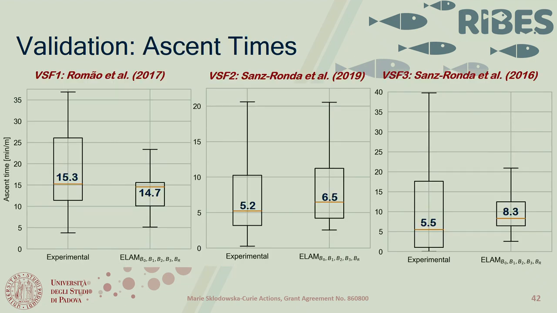We did it, and it was groundbreaking for us, because this is the first time in the field of ecohydraulics that this has been done. We reproduced the ascent times of three different hydrodynamic conditions in two different vertical slot fishways, with the same model, the same variables, the same parameters.